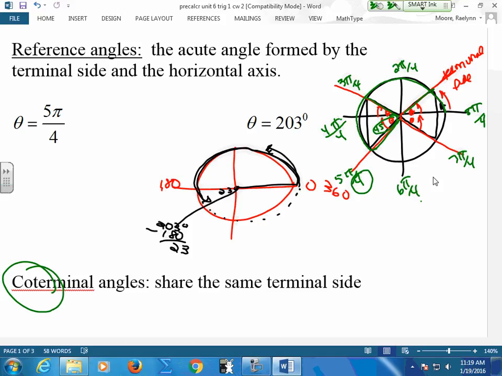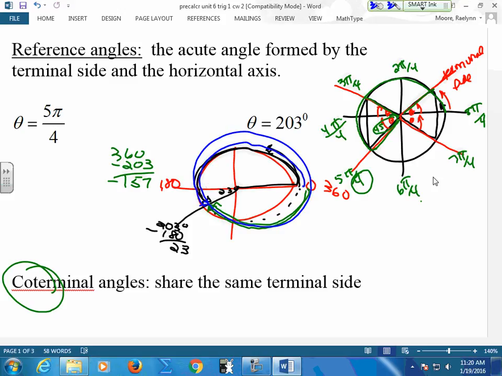So if I say, what does it take for me to make a complete circle? I say 360 minus 203, negative 157 to meet me here. If I wanted to go here and pass this and come back around, aren't I at that angle plus 360 degrees?